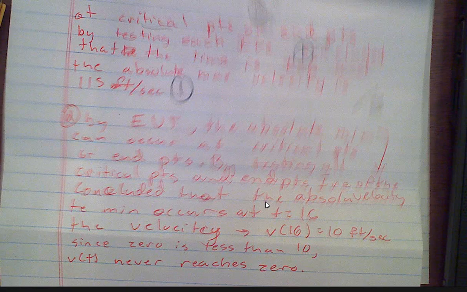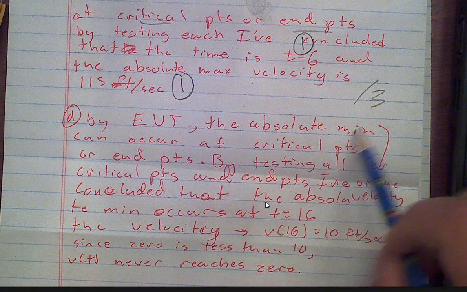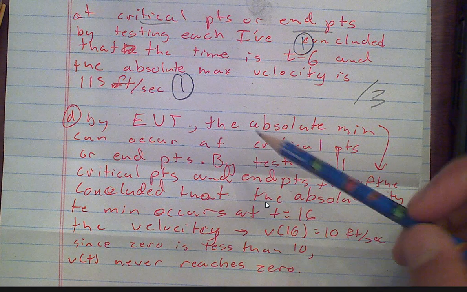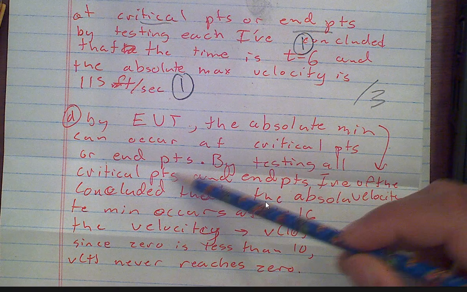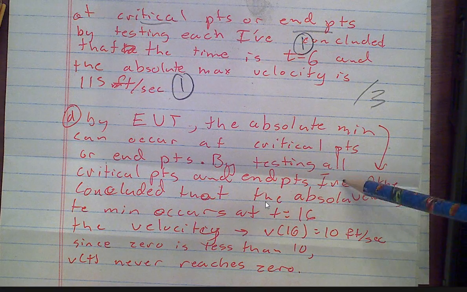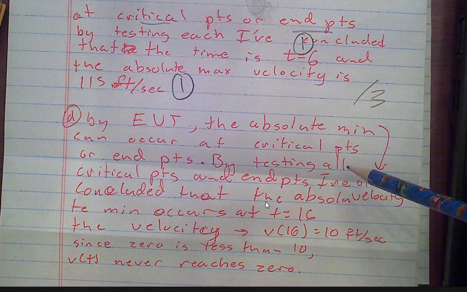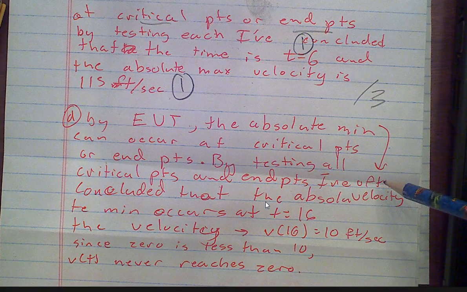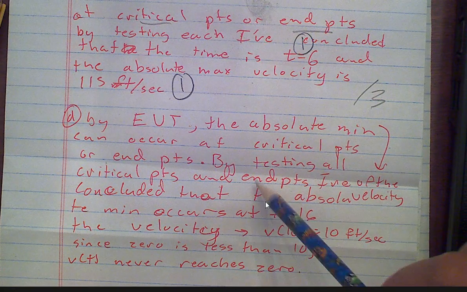Once again, we want to find an absolute min. So this is another EVT question. So the absolute min can occur at the critical points and the endpoints. Let me start over.